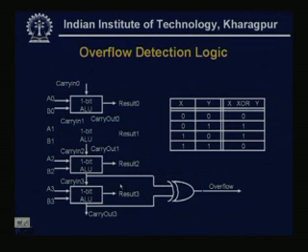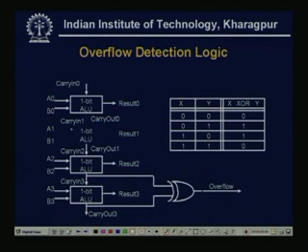Now, how can we detect it? So, this is overflow detection. This is my XOR truth table: if x y is 0 0, then x XOR y is 0. Now, this is the 1 bit ALU, and I have taken a 4 bit one, with A0 B0, A1 B1, A2 B2, A3 B3, and these are my carry in 1, carry in 2, carry in 3.